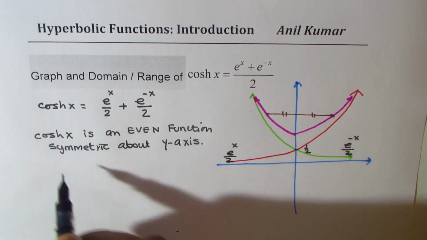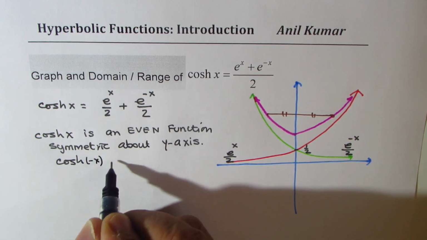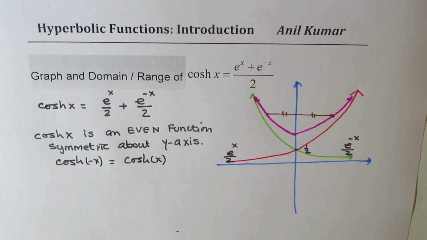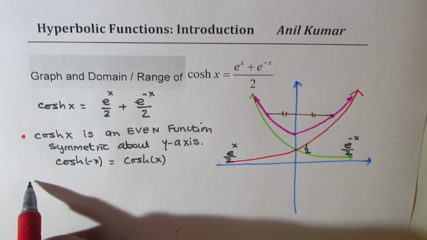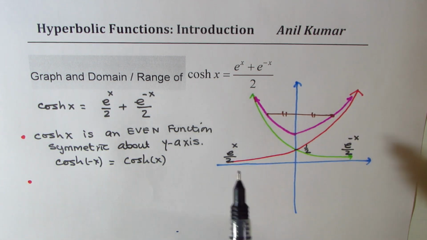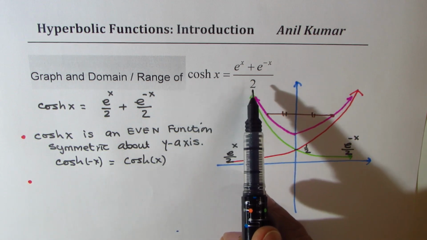That gives you an idea that cos hyperbolic of minus x will be equal to cos hyperbolic x, correct? This property is very similar to what you found for cosine x, correct? Similarly, as we move along, we'll find a lot of similarities between trigonometric functions and the hyperbolic functions. However, remember always that hyperbolic functions are basically exponential functions, correct?